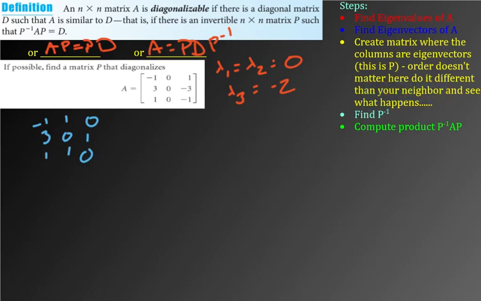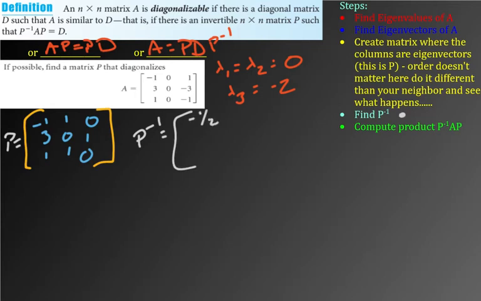So I created a matrix, and we'll just call this P. The next step is to find P inverse, and again, just do this on your calculator. We would get P inverse as -1/2, 1/2, 3/2, 0, 0, 1, 1/2, 1/2, -3/2.